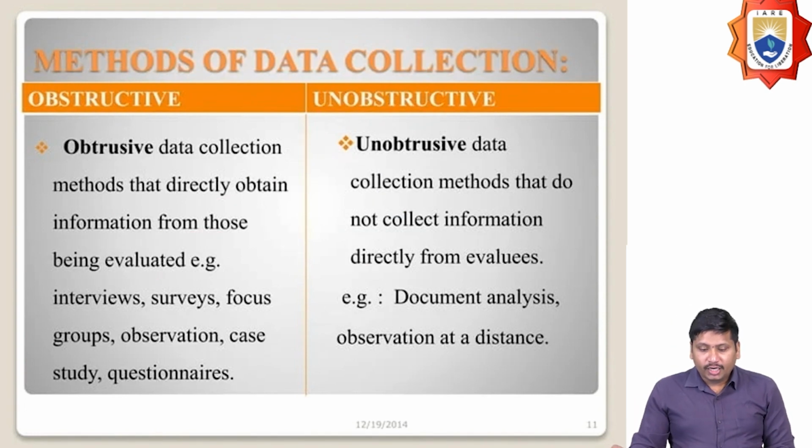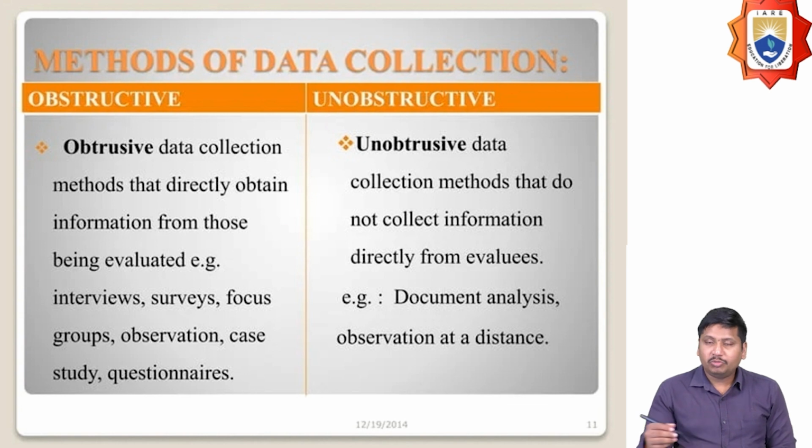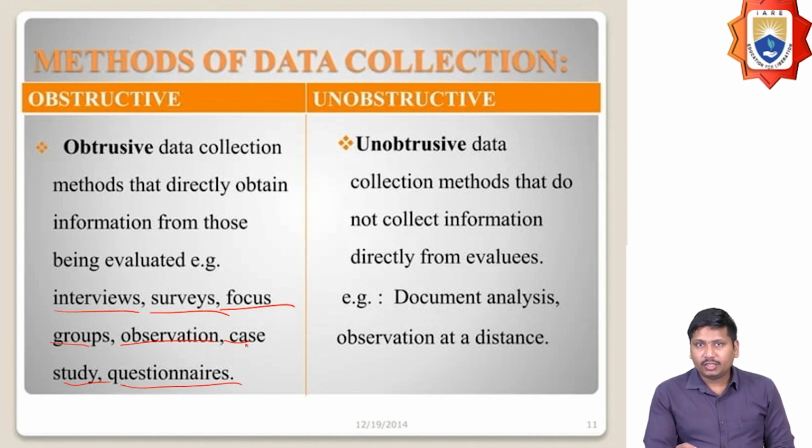The methods available for data collection are obtrusive methods and unobtrusive methods. Obtrusive data collection methods obtain the information directly from those being evaluated, like interviews, surveys, focus groups, observation, case studies, and questionnaires. So all of these are considered obtrusive data collection.